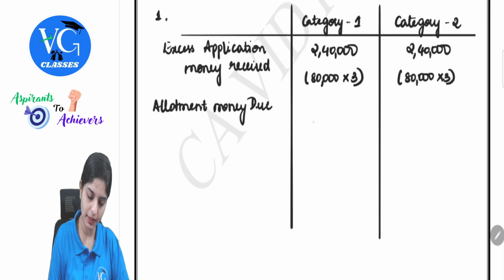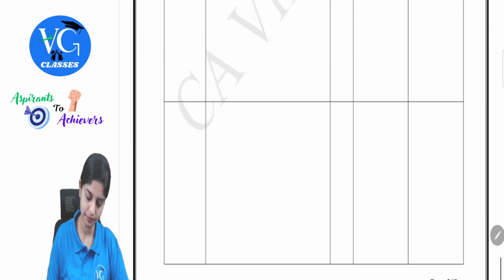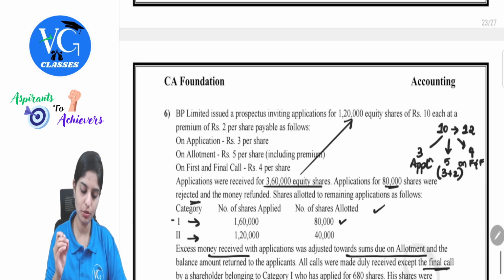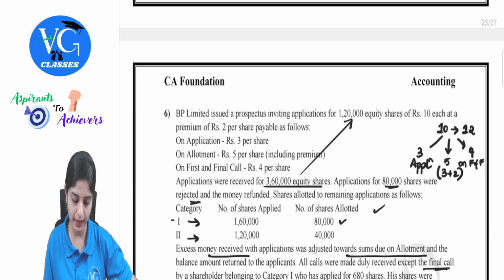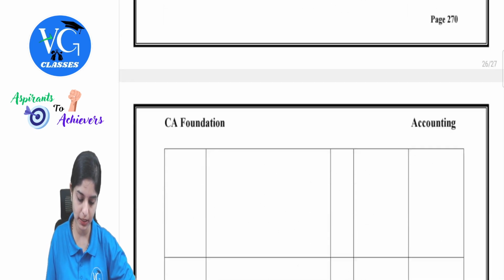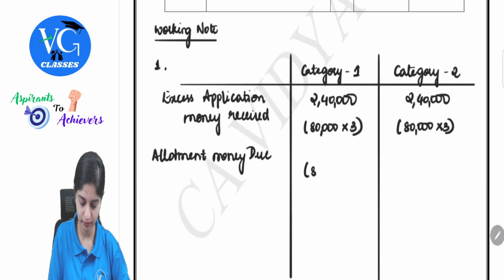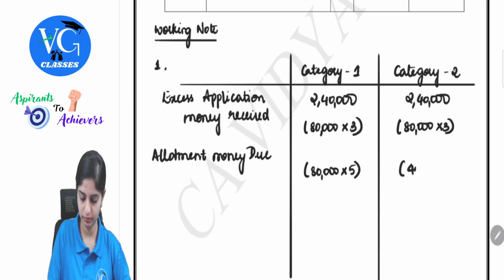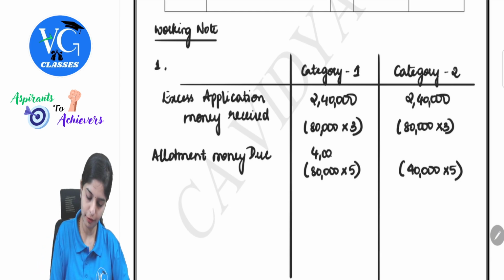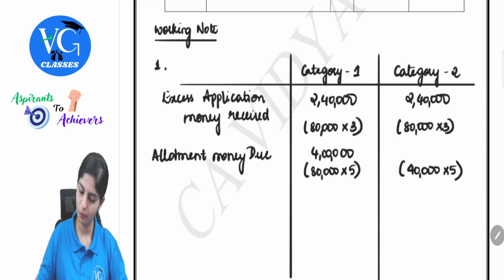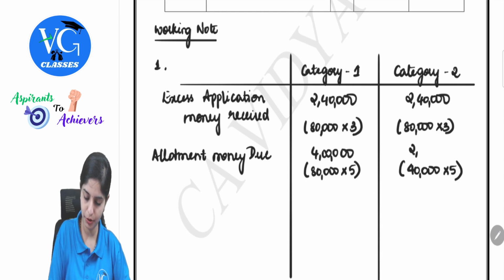How much is allotted? 80,000 and 40,000. Here we will also include premium. So 5 rupees, 80 and 45 rupees. 80,000 into 5, 4 lakh. 40,000 into 5, 2 lakh.